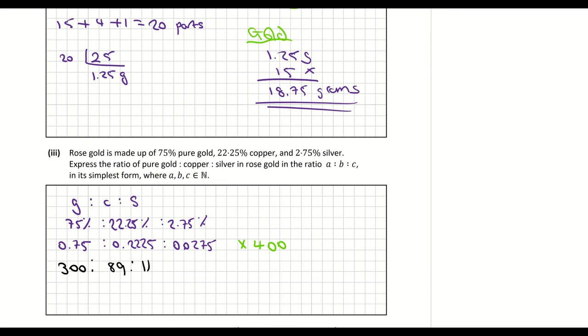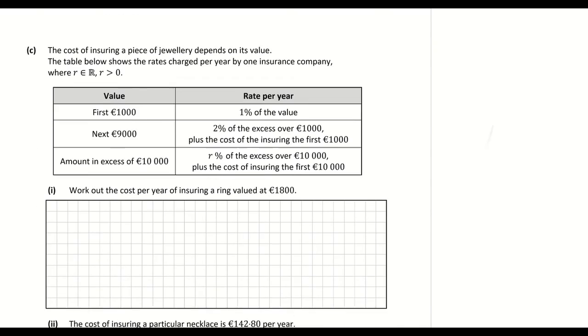Okay, so we didn't actually have to divide across by the 100 in the first place. We could have just multiplied this line here by 4. But look, it's what you see on the day. That is part 3 finished on question 10. Scrolling down now to part C.